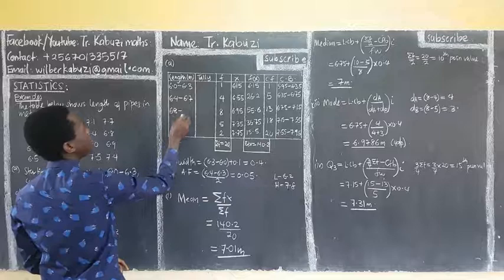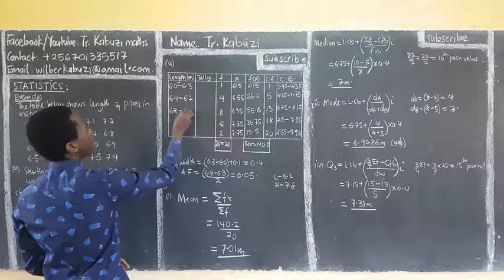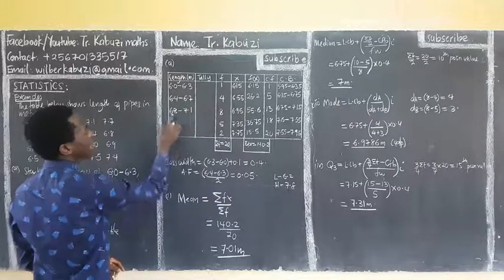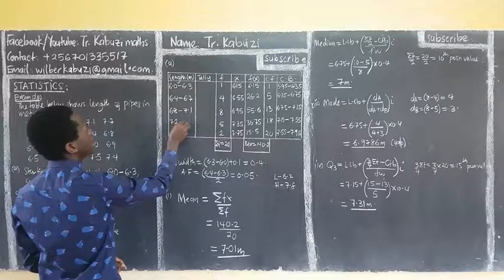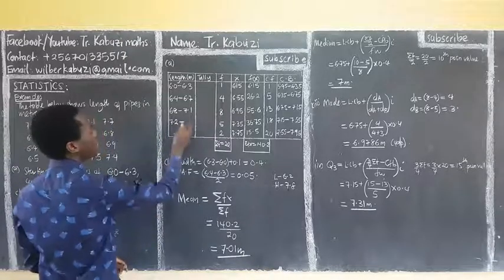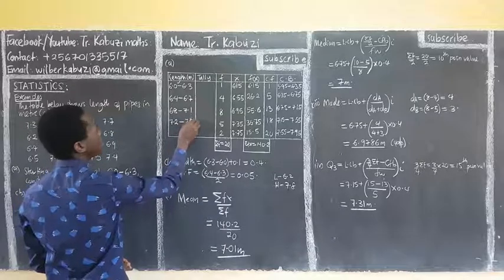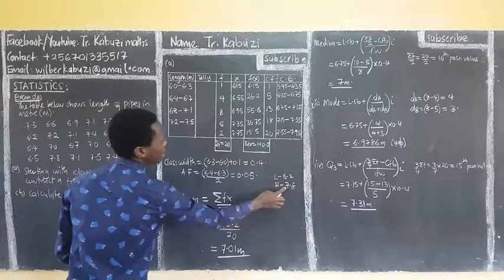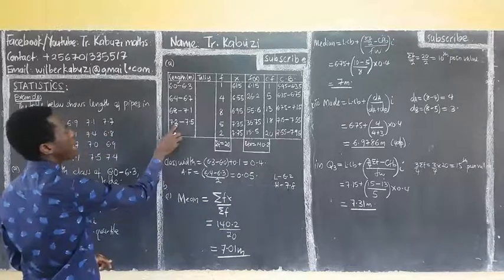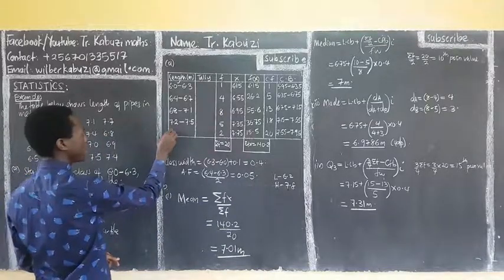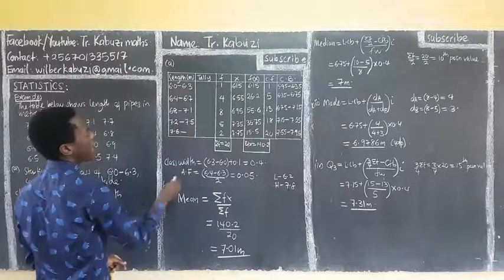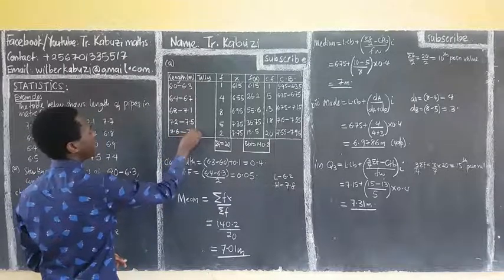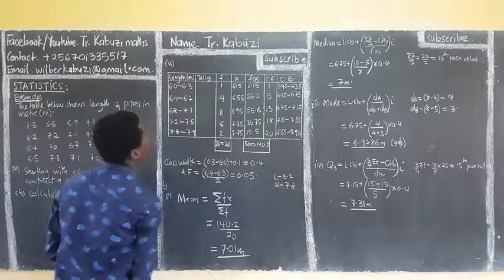Then I add 0.4 here, I'll get 7.1. Add 0.4 here, you get 7.2. Add 0.4 there, you get 7.5. Since you have not covered it yet, you add 0.4 still. Then you add 0.4 there, you get 7.9. And now we have covered it.